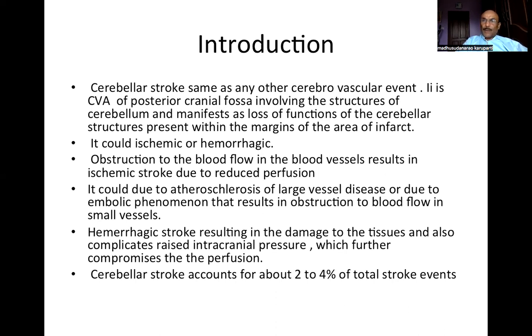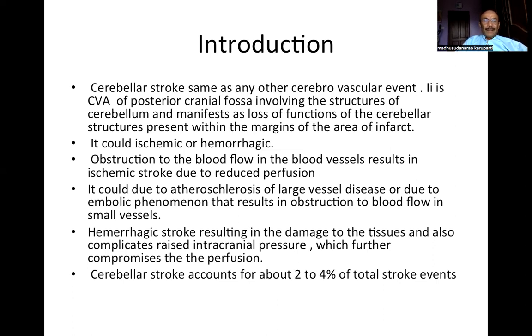Ischemic stroke is secondary to obstruction of the blood flow, resulting in deprivation of the oxygen supply to the tissue, thereby resulting in infarct. This could be due to atherosclerosis of the large vessels or embolic phenomena obstructing the small vessels.